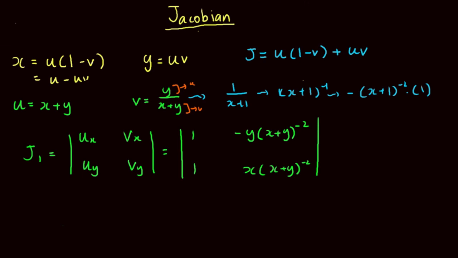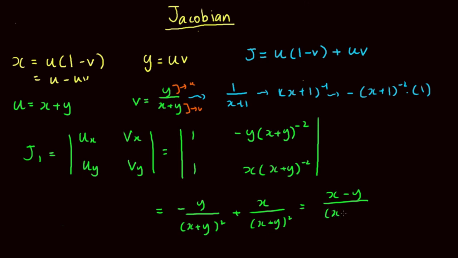we find the determinant is simply negative y over (x plus y) squared plus x over (x plus y) squared, which we can write like this. So this is x minus y over (x plus y) squared.